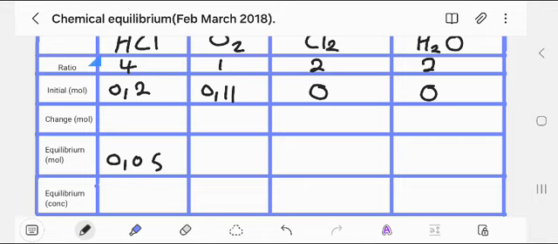Change is equal to final minus initial. We will say 0.05 minus 0.2. There you'll get negative 0.15. This is what you'll get.